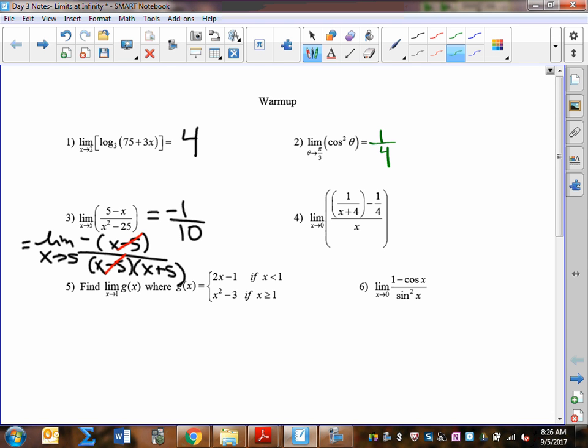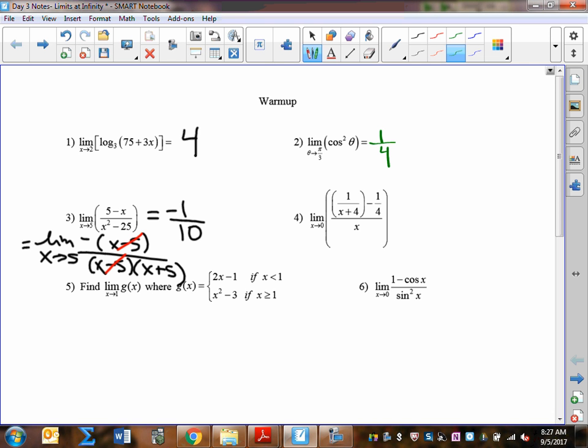What do we have to do for number 4? Yeah, we want to get denominators the same, right? I want a single fraction on top. And our bottom, it's already combined, it's just one single term there. So I need to get one single fraction on top so we can then multiply by that reciprocal. So on top, I'm going to need to multiply by x plus 4 over there and times 4 over there.